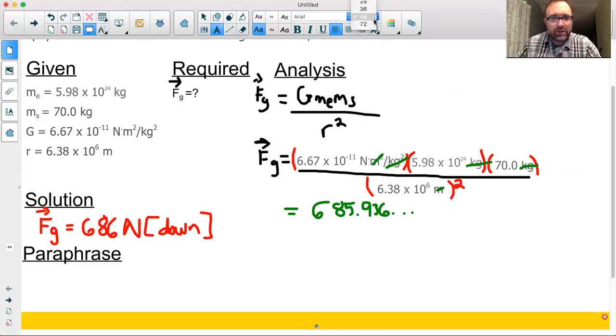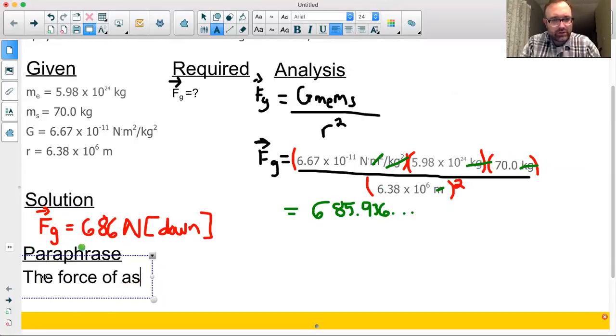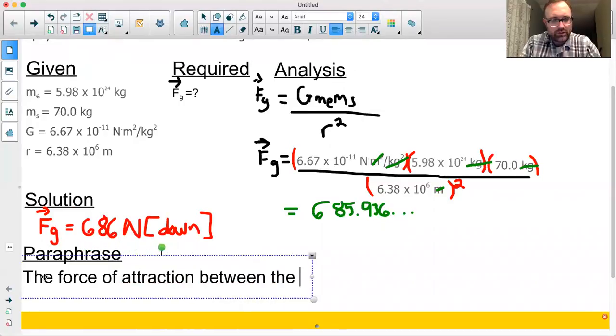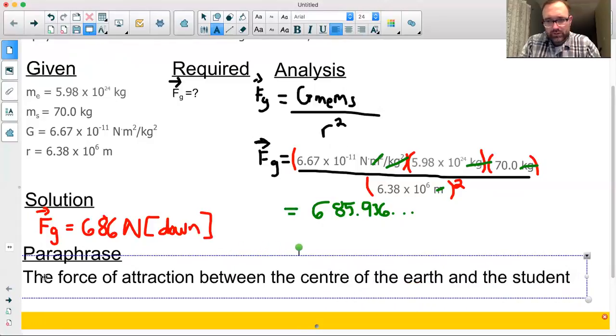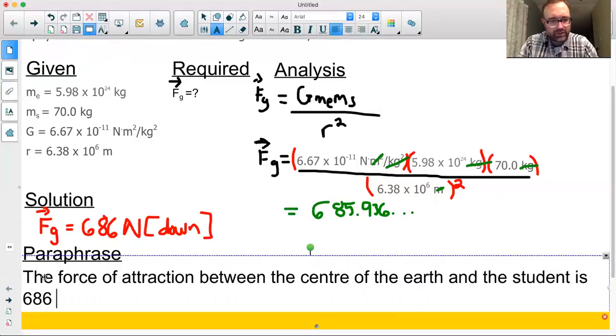So in that case, we're going to say the force of attraction between the center of the Earth and the student is 686 newtons. I'll just leave the units going in a down direction.